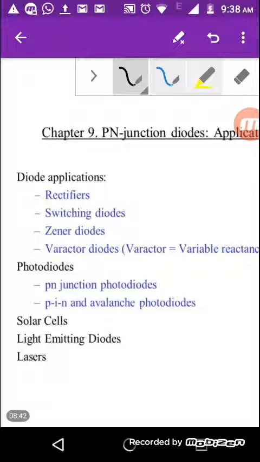They are used in switching circuits and in mixing circuits. RF signals and low baseband signals are both mixed in a mixer using these kinds of diodes. Diodes are useful in each and every circuit.